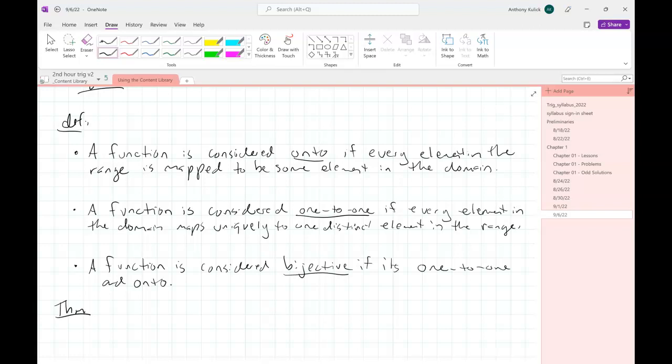So, with these definitions, we can now have a theorem. Let's say for a function f, f inverse is also a function if and only if f is bijective.